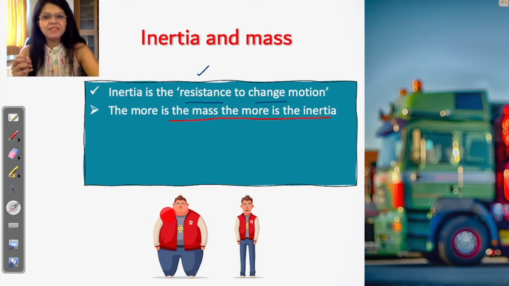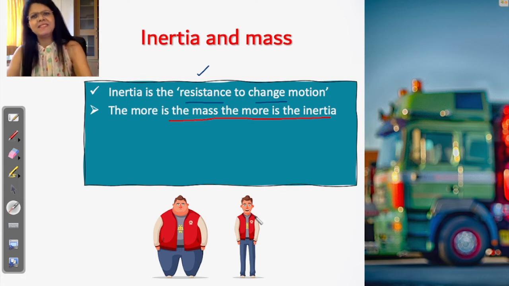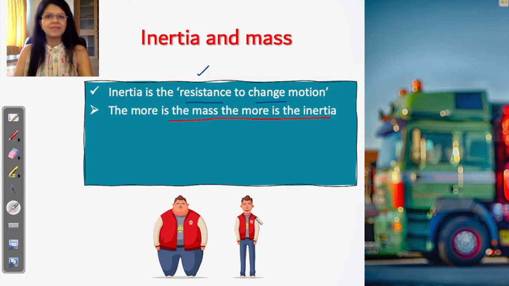If you are pushing the first person and if you are pushing the second person, who will move easily? The second person will move quite easily. He'll very easily change his motion. If he is at rest sitting down, it is very easy to push and move the lightweight person as compared to the heavyweight person. This is what is inertia.